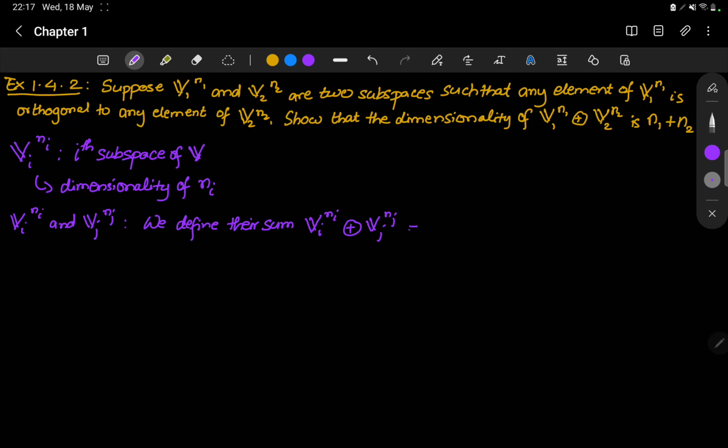This sum is, by the way, some another subspace Vk having dimensionality Nk.